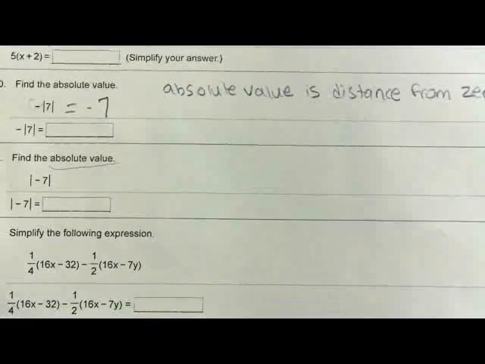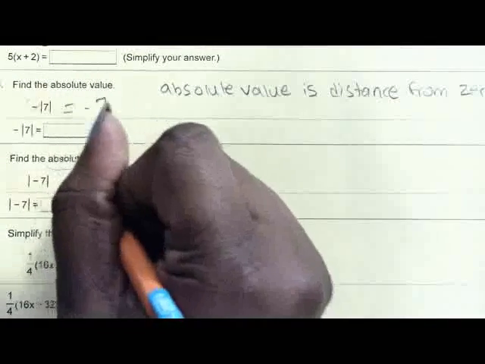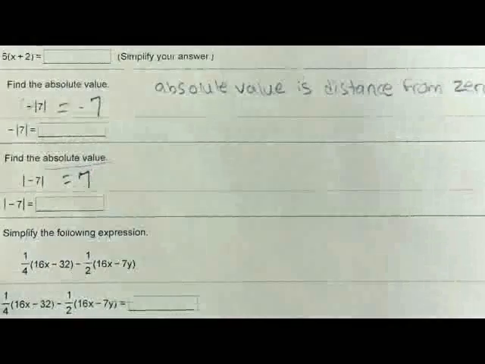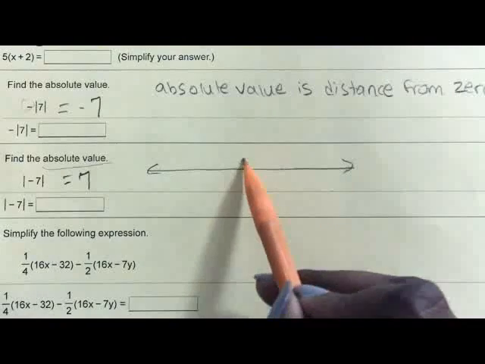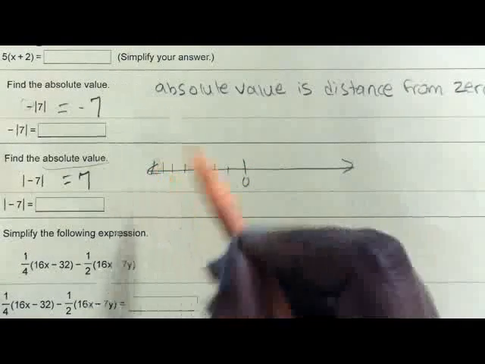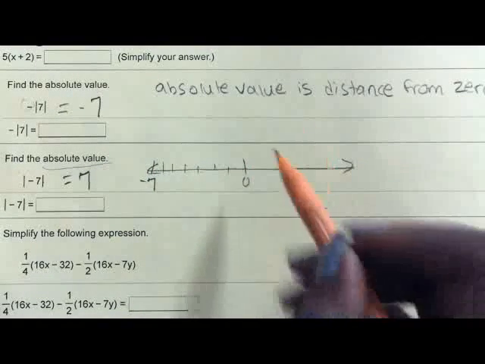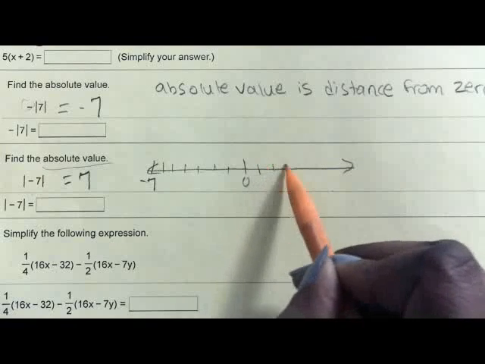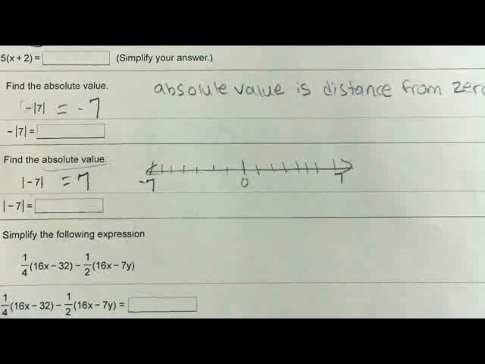What's the absolute value of negative 7 then? 7. It's still 7, because negative 7 is still 7 units from 0. And you can look at that on the number line. So negative 7 is still 7 units from 0. Positive 7 is also 7 units from 0.